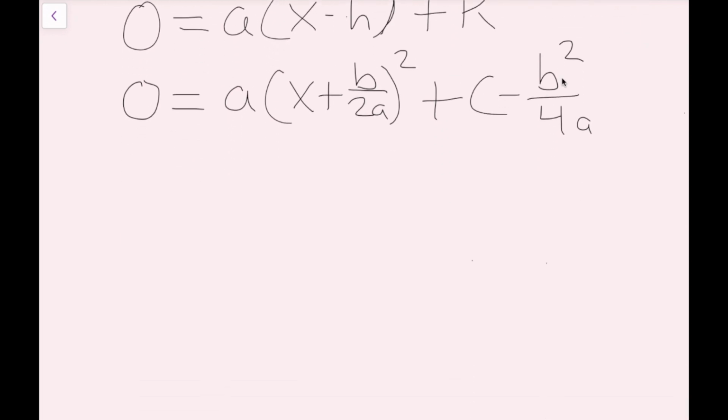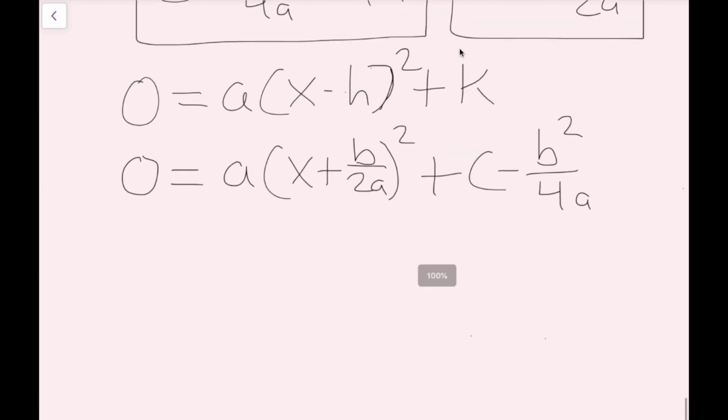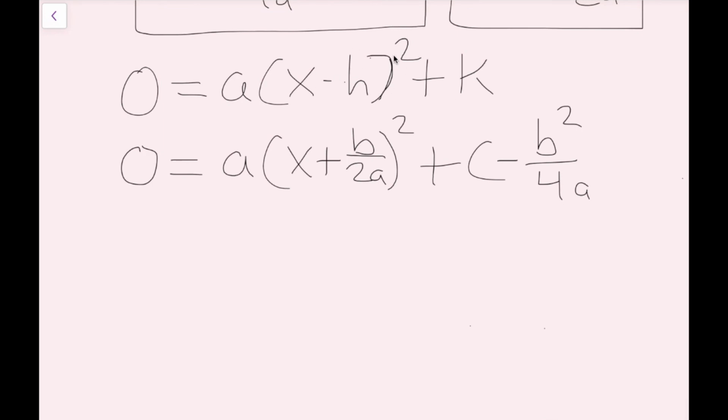All right, so now to solve this, I just want to isolate this binomial that's being squared, the thing in the parentheses, so then I can square root it. So what I'm going to do is subtract this k term on both sides. You could have basically done it in terms of k and then plugged in after. It doesn't really matter. So I'm going to subtract c and add b squared over 4a on both sides.